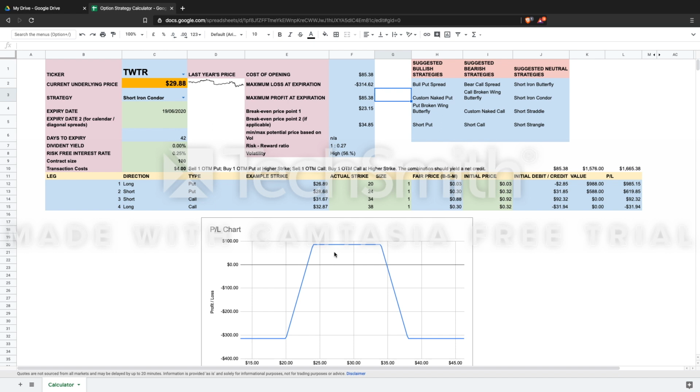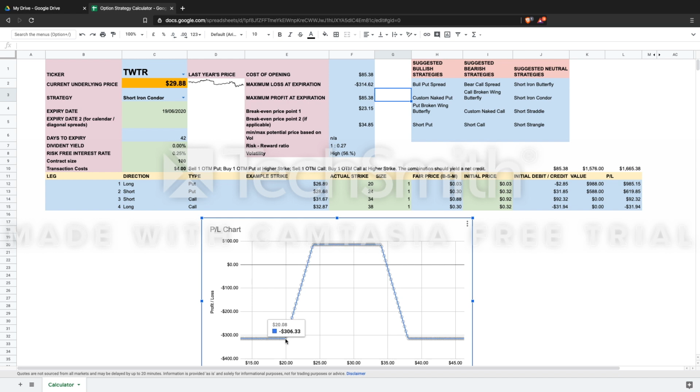And we have 2 break-even points. So on the low side, as long as the stock is above $23, and as long as the stock is below $34 on expiration, we would make a profit. Anything that's under 23 or over 34 would be a loss.